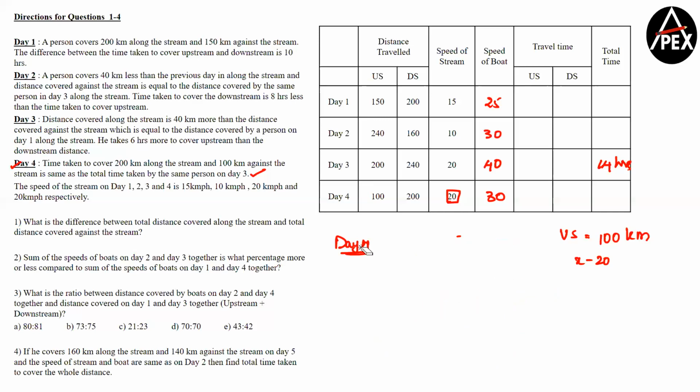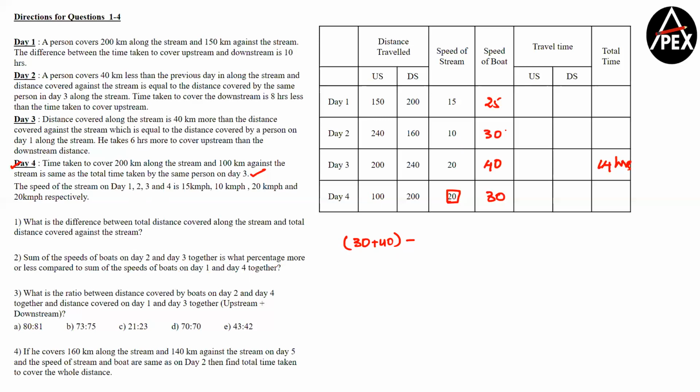Now you can answer the second question. The sum of the speeds on day 2 and day 3 is what percent more or less compared to the sum of the speeds of boats on day 1 and day 4 together? On day 2 and day 3 it is 30 plus 40, which is 70.